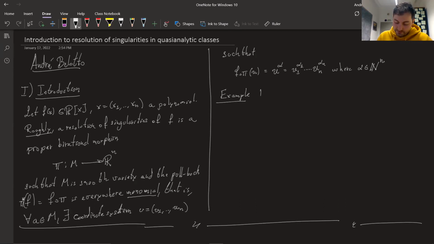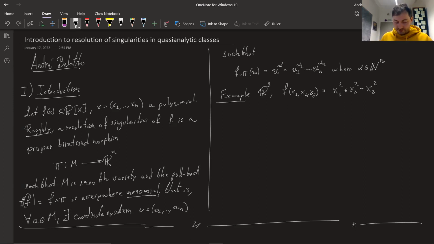So let's say in R3, so that we make these connections, let's say that we are taking the function f of x1, x2, x3 given by the quadratic form. Okay.